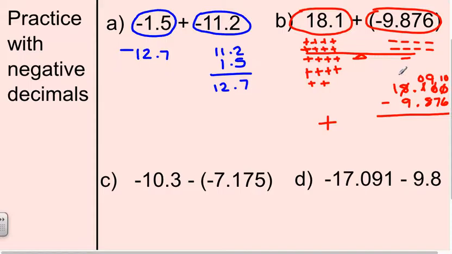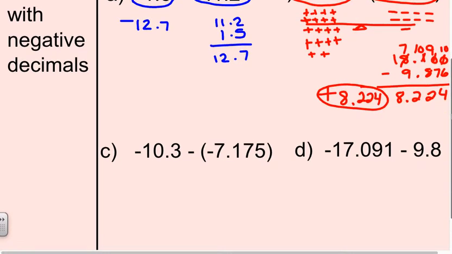I'm going to have to borrow from here. So 10 minus 6 is 4, 9 minus 7 is 2, 10 minus 8 is 2, 17 minus 9 is 8 with the decimal. So I have a positive 8 and 224 thousandths. Again, what did I do first? I used some common sense to see which one had more. Positives had more. And then I just subtracted the two numbers.